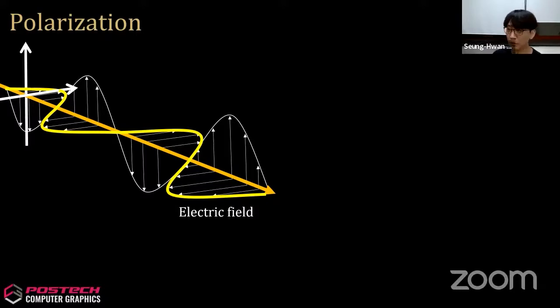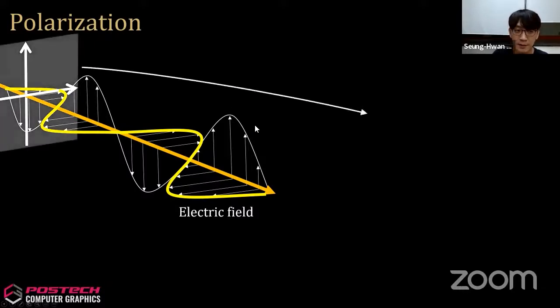As we all know, light exists as waves, and it consists of an electric field and a magnetic field oscillating with each other in a perpendicular manner. The oscillation pattern in time of this electric field is polarization.